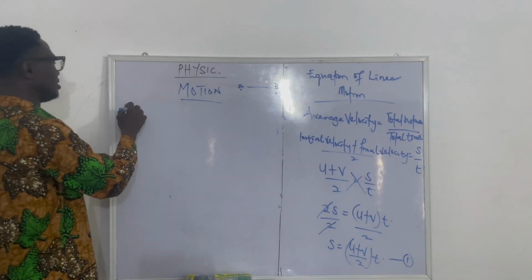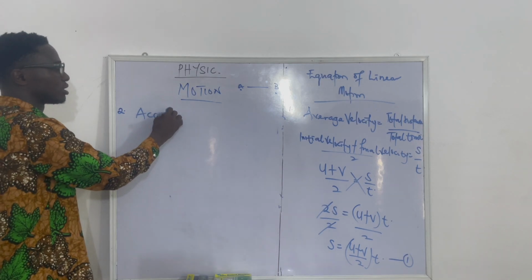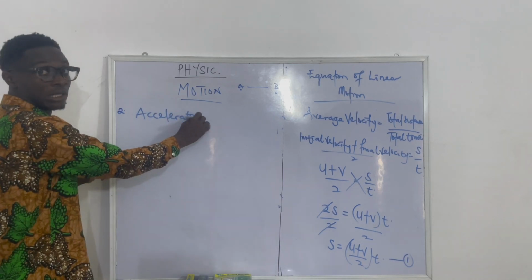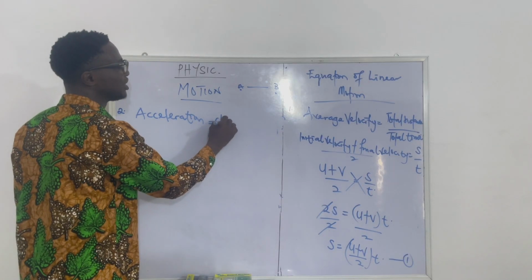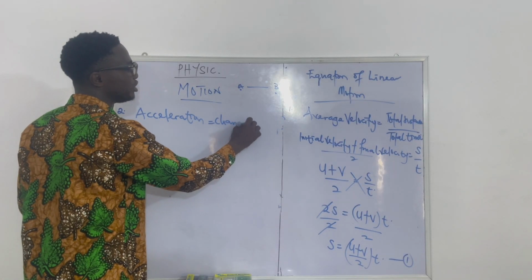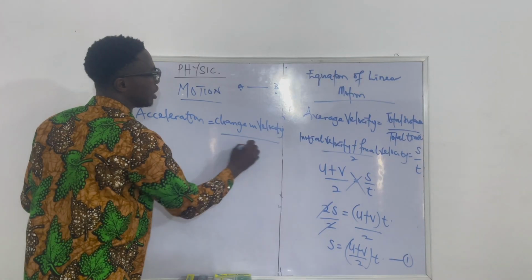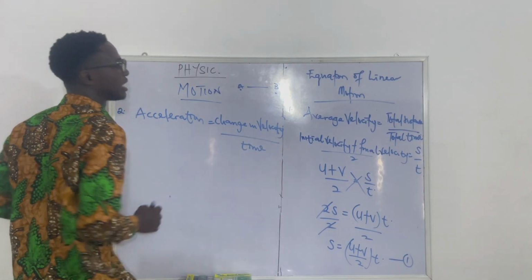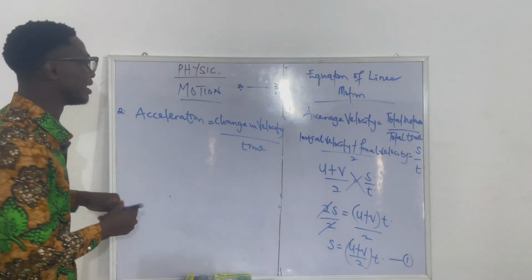Now, quickly, let's talk about equation 2. Equation 2 is gotten from acceleration. From the definition, acceleration is the rate of change of velocity with respect to time. So acceleration is change in velocity over time.